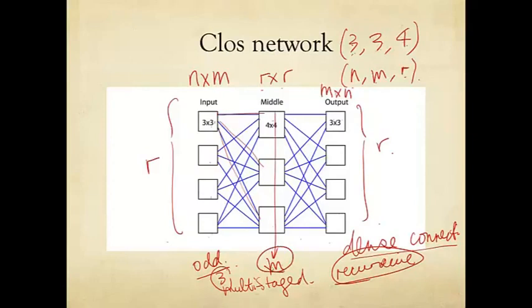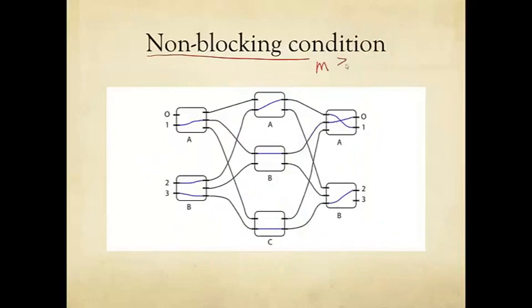So we need m to be big enough compared to the number of inputs that can be supported per switch, or by symmetry, the number of outputs that can be supported by each output switch. So m should be bigger than some function of n. It turns out that there's a very simple answer: m is greater than or equal to 2n minus 1, a simple relationship.